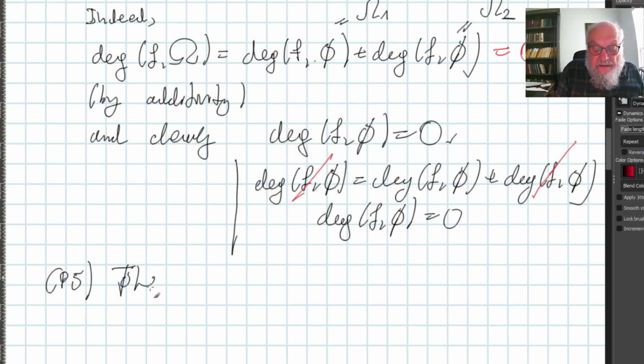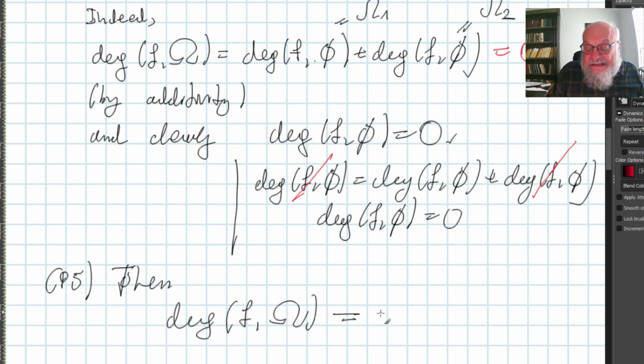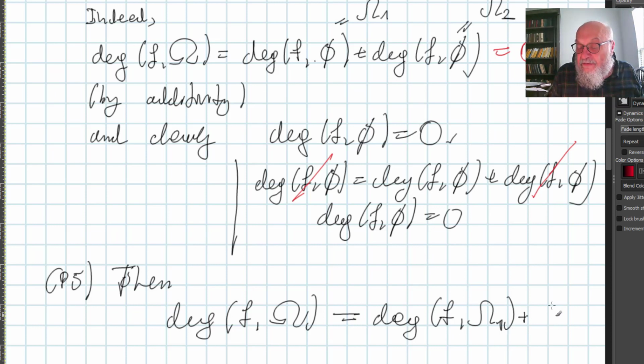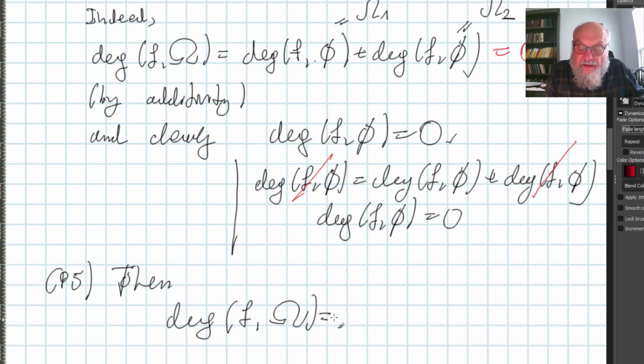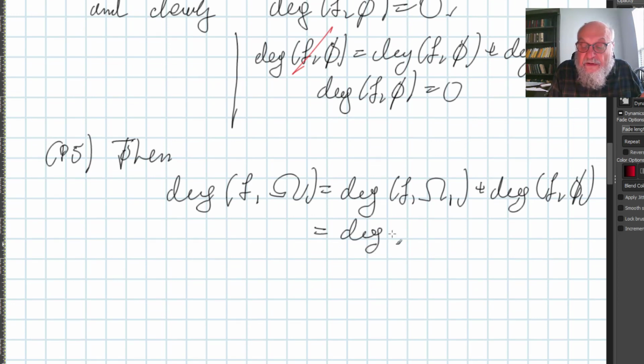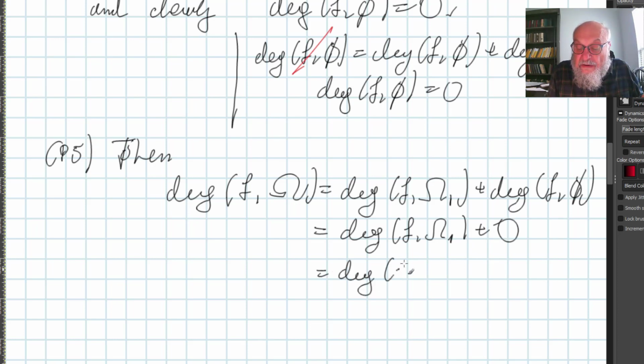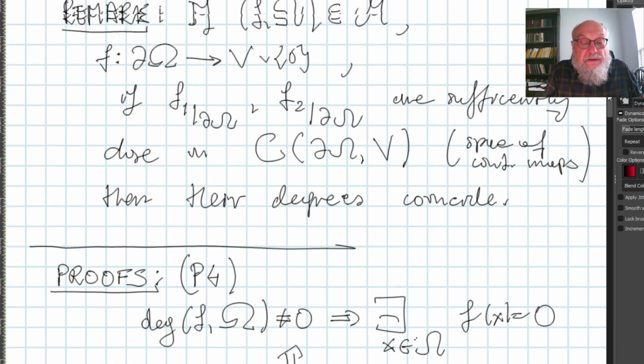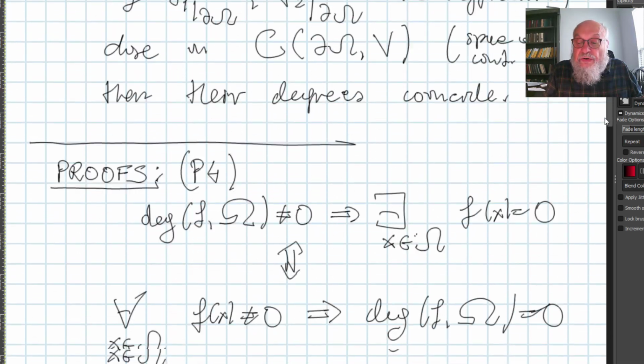For the P5, we are getting degree of f on omega, and by additivity again with the empty set, this will be degree of f on omega 1 plus degree of f on the empty set, but the empty set we already know is 0, so this is equal to the degree of f on omega 1 plus 0, so that means equal degree of f on omega 1. Done. And then let's go to continuity.